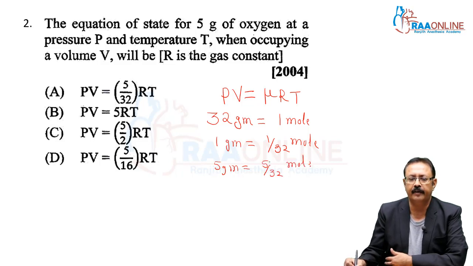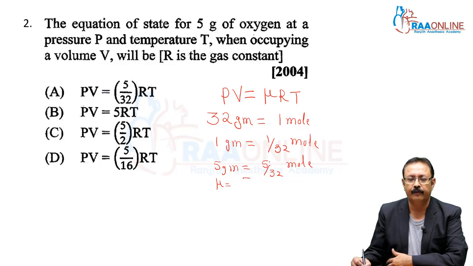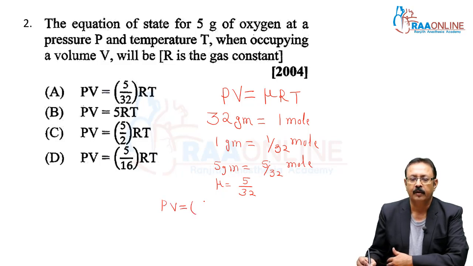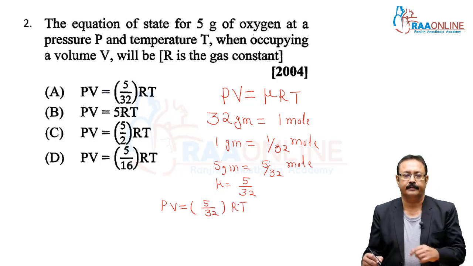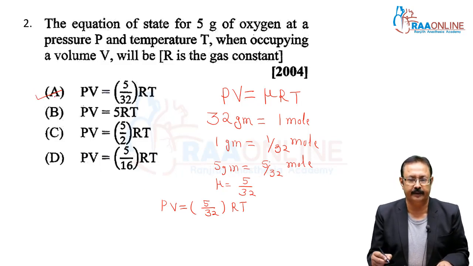In this way we got the value of μ. In 5 gram how many moles are there? 5 by 32. So the equation of state should be PV equals 5 by 32 RT. So we are going with option A.